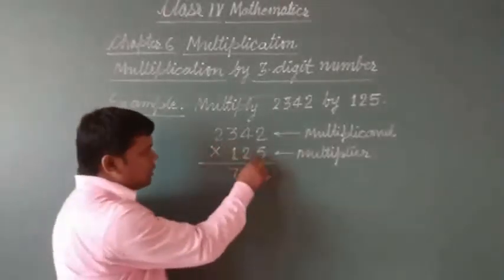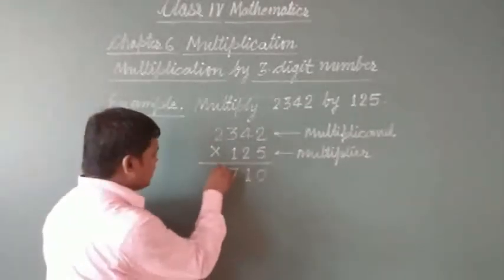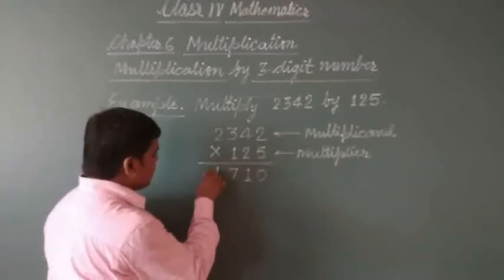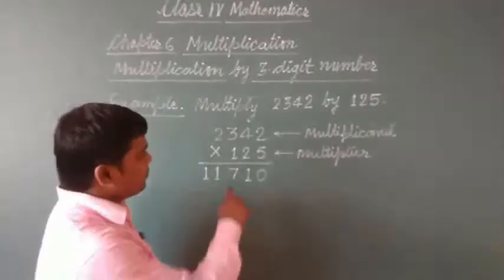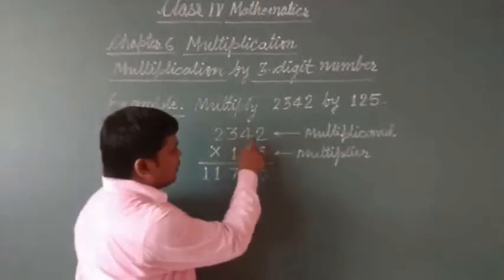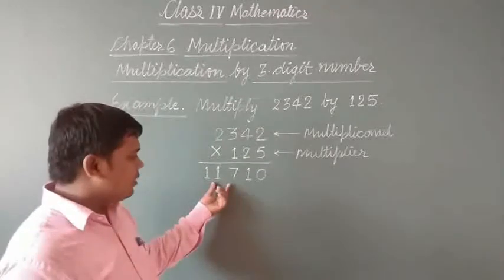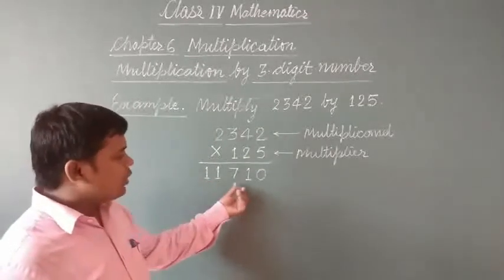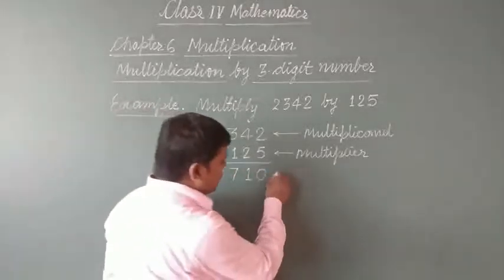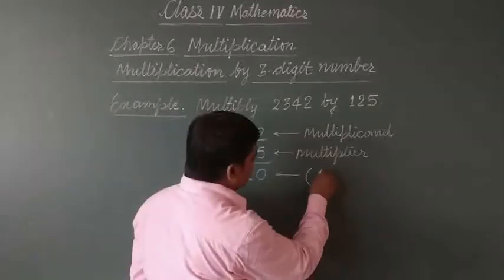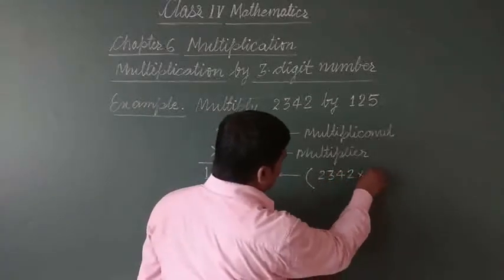And 2 5s are 10 plus 1, 11. It means when we multiplied 2342 by 5, our product is here 11,710. Means this is the product of 2342 into 5.